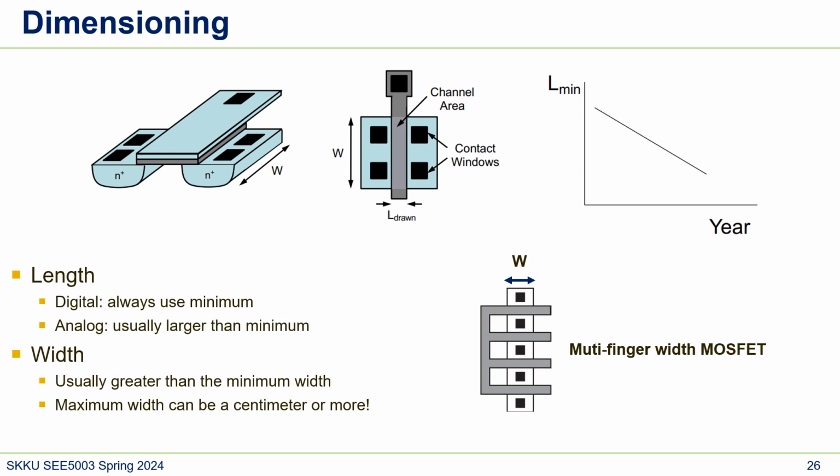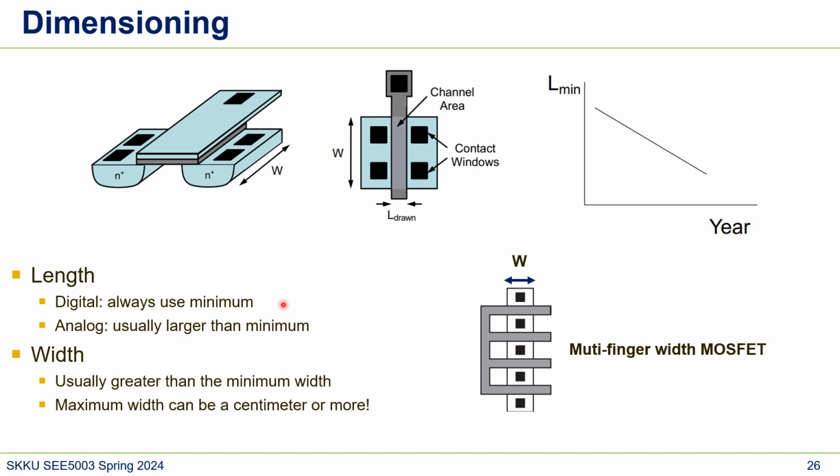We can talk a little more about that dimensioning, like sizing. For example, length. In digital circuits, we always use minimum length. But in analog, we don't usually use minimum length. I'm also doing digital circuits.